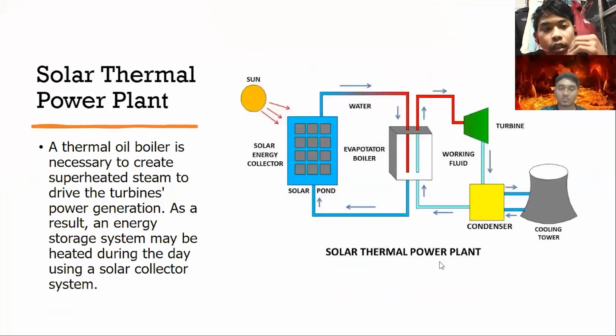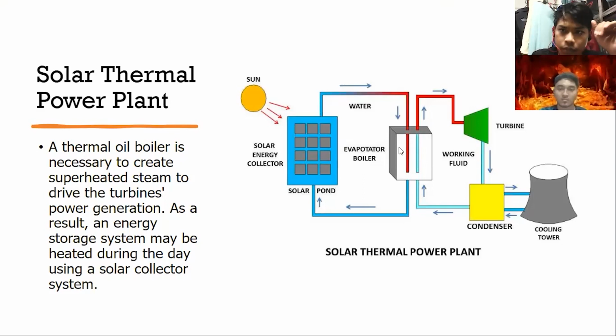Next, the solar thermal power plant. As we can see, the solar energy collector collects the radiation from the sun, and the energy goes through the water and is used for the evaporator boiler.